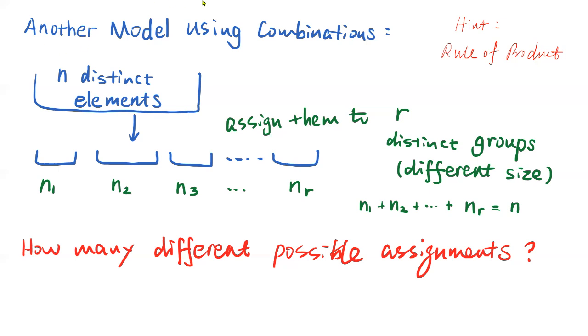All right, any ideas? Okay, so to complete this task, let's say we have n different elements in the large group, and the task is to assign these elements into different small groups. The sizes of the small groups are n1, n2, nr.